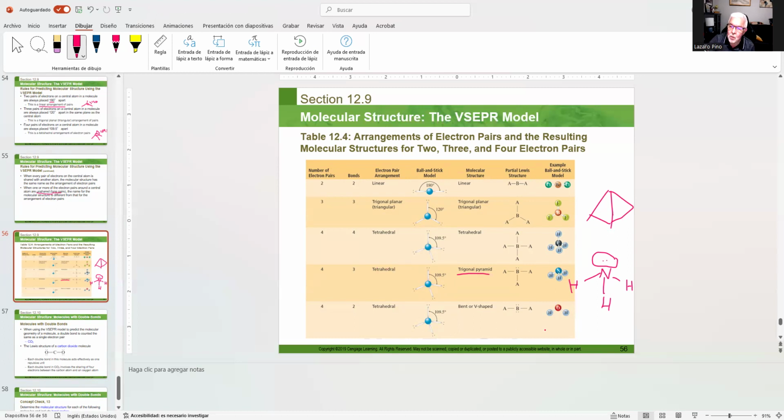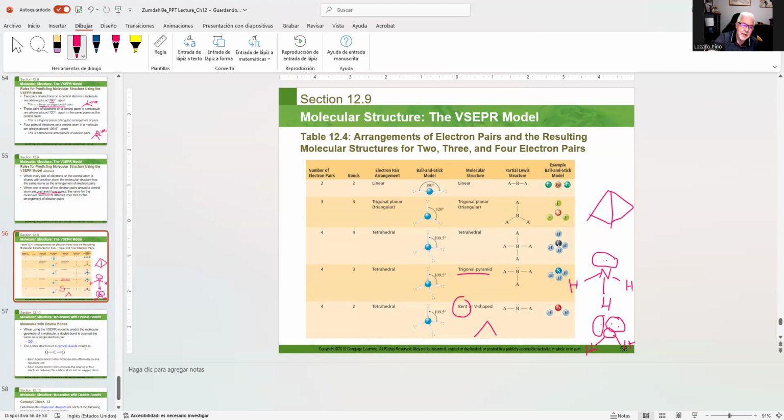In the case of water, you have oxygen, but you have two lone pairs of electrons. Then you have one hydrogen here and one hydrogen here. Even though there are four groups of electrons around the central atom, which is oxygen, because of these two lone pairs, this molecule has a V shape, also known as bent.